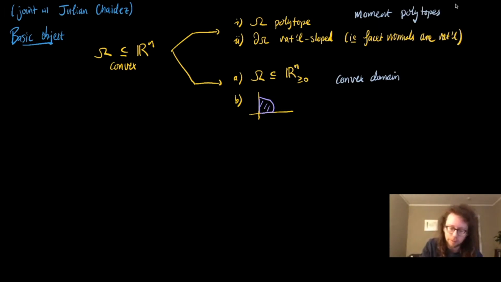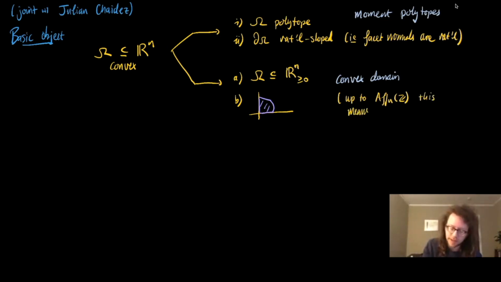We'll do some interesting examples in a minute. Notice, let's say my region was a polytope, or at least just looks like a polytope near this point, up to the action of the integral affine group.